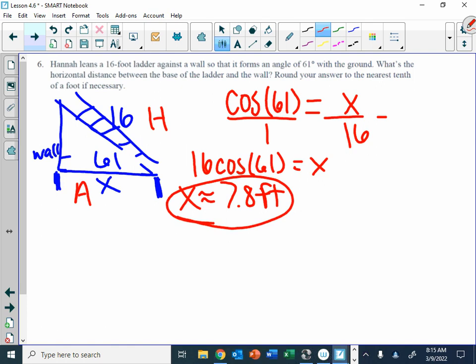And that gets you your 7.8, which rounds to 7.8.